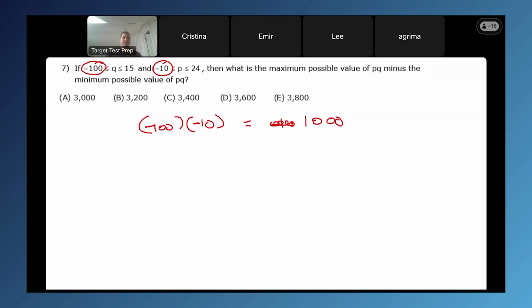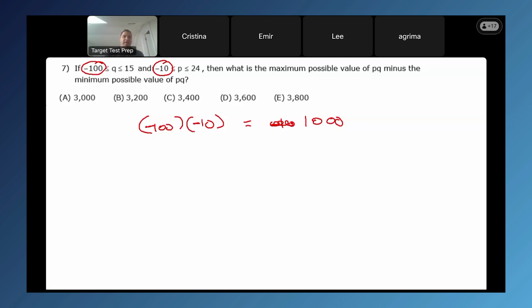That should be decently clear to everybody. And then for the minimum, you're trying to get as deep into negative territory as you possibly can, right? So we're talking about 24 times minus 100 or minus 10 times 15.